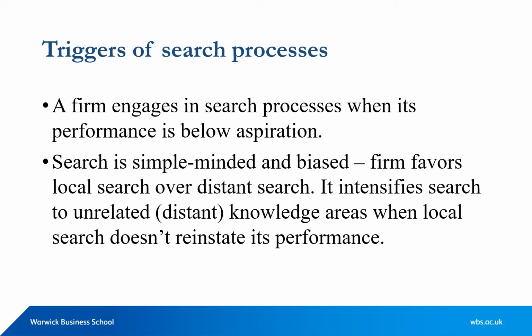Now let us suppose that Google's ROA in last 5 years was in the range of 20 to 70%, and Apple's ROA is 17.3%. In this case, Google might consider its performance below aspiration and then start searching how to improve its current technologies and products and how to dominate emerging technologies and product categories.